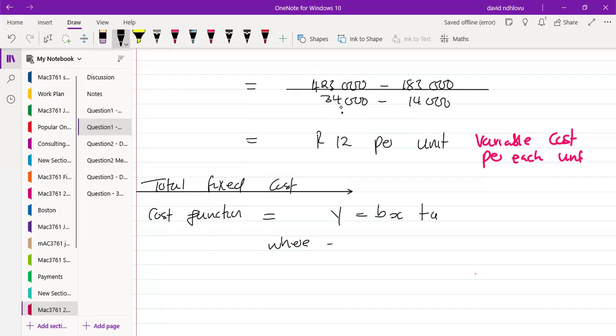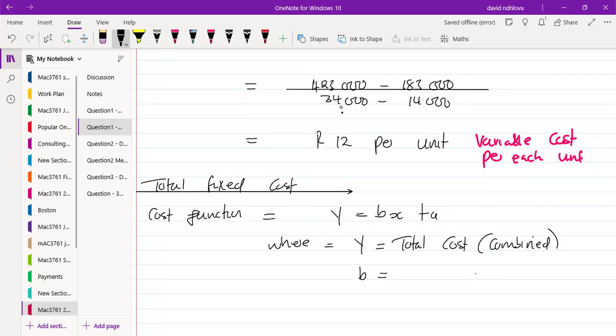Right, where y represents your total costs, so this is both your variable and your fixed costs.